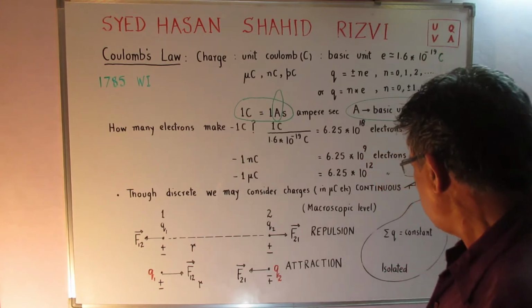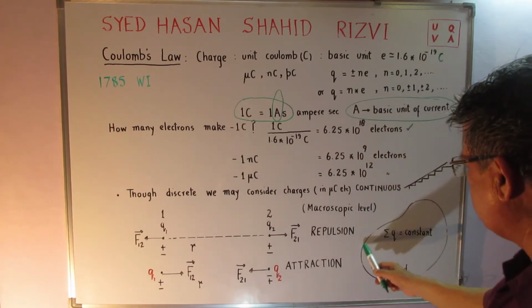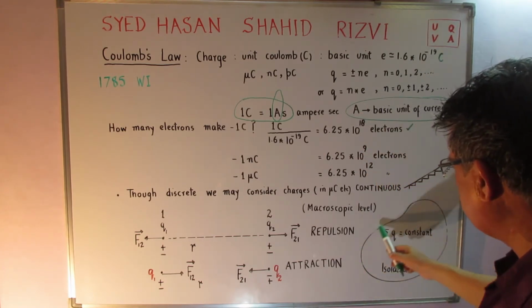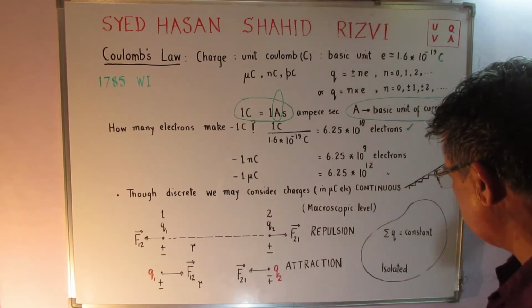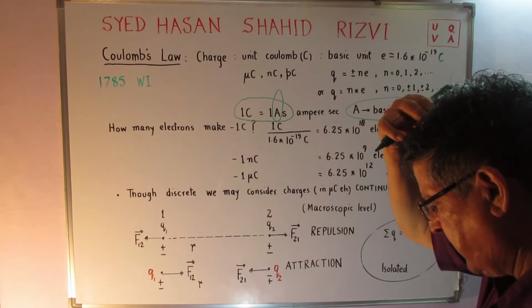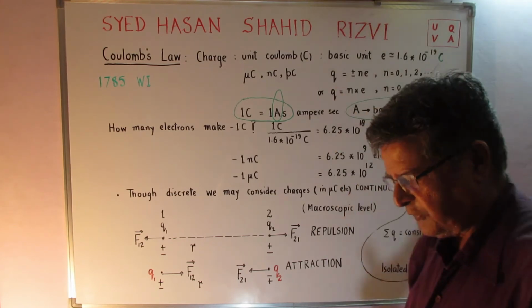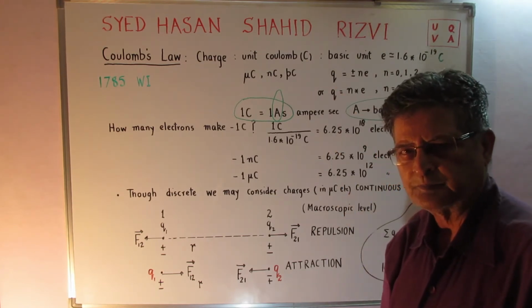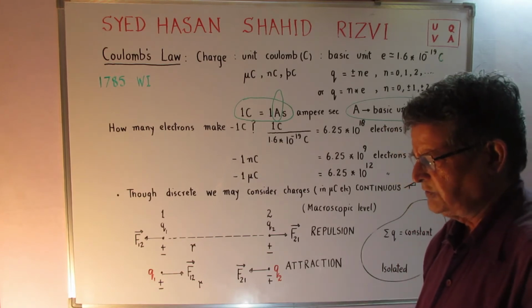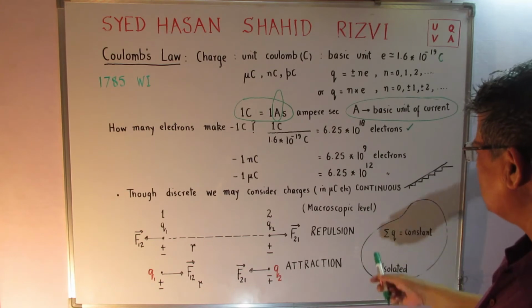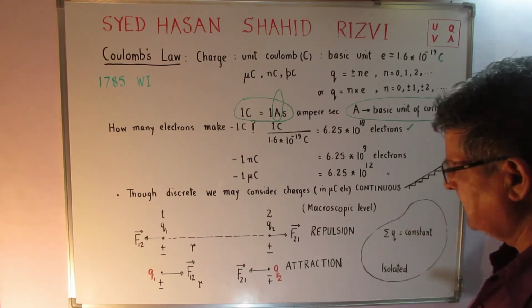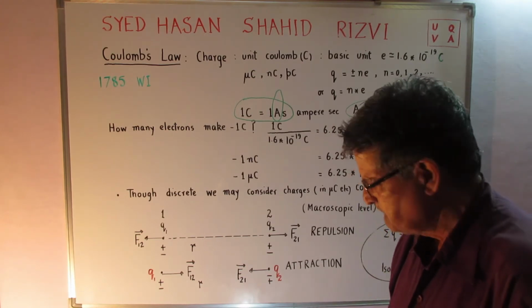Okay, and another factor is that if I have an isolated 3-dimensional space, and we put inside a few thousand or a few million charges of different kinds. There are only 2 kinds. Okay, and another particle that we can put is the neutron.